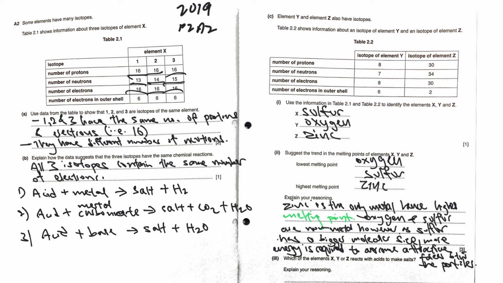So for this question, which element X, Y, or Z reacts with acid to make salt? Right, so you only have one answer, which is zinc, because oxygen and sulfur are non-metals and there isn't any equation stating acid plus non-metal giving you any other stuff, right? So for this answer, sorry, I'll write it here because there isn't enough space there.